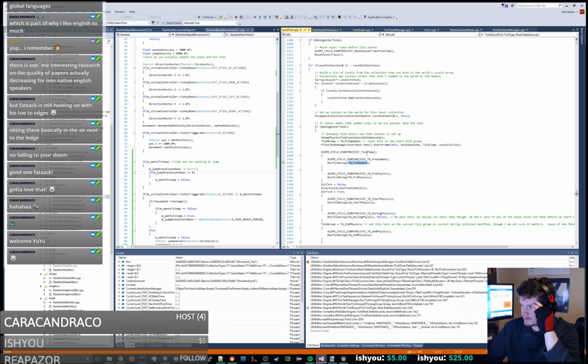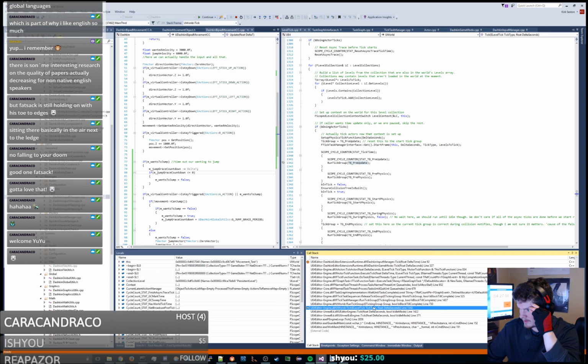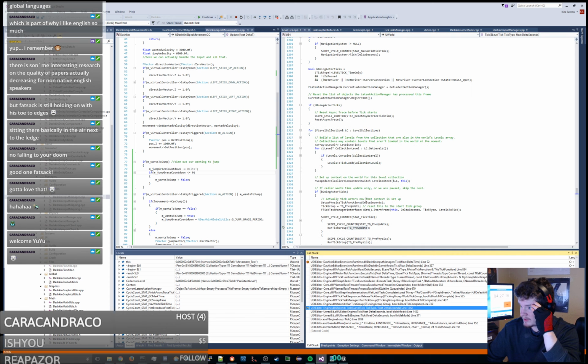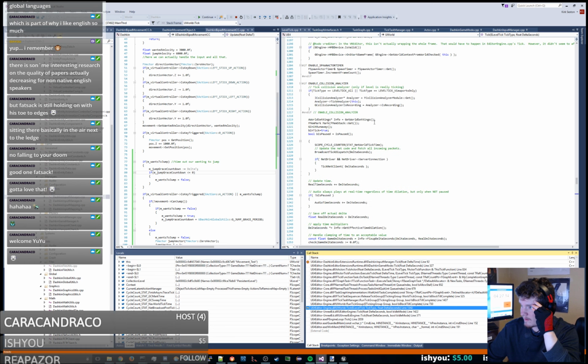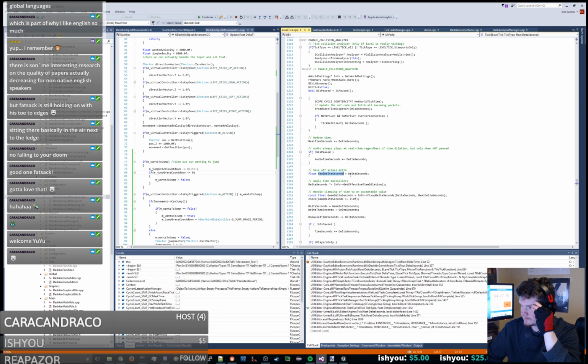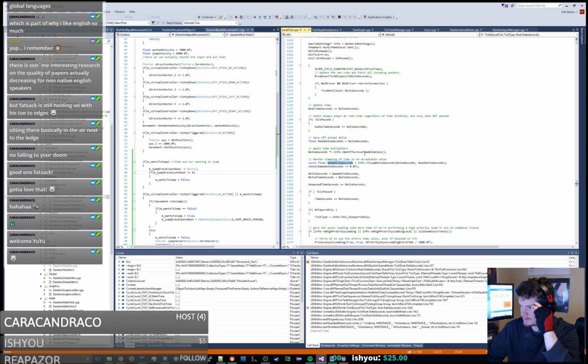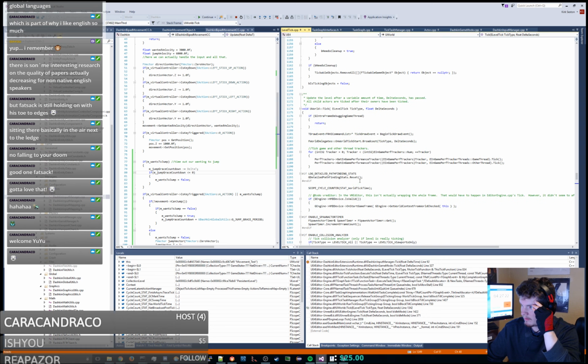Yeah, what is stat tick time? Okay, so we got run tick group, this is tick, it takes audio time is there, delta seconds and time dilation for that.